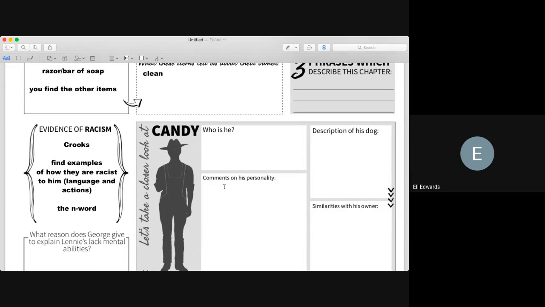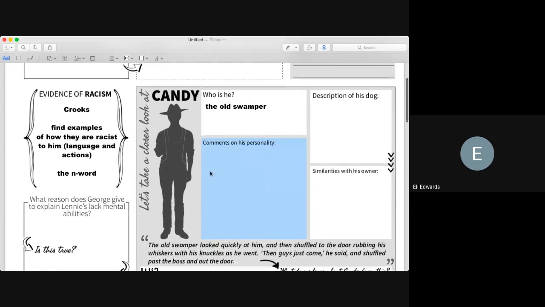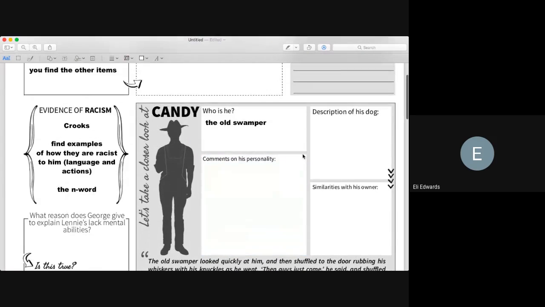Then you're going to look closer at Candy. Candy is the old swamper. He has been there a long time, obviously, and you're going to write down some comments on his personality.